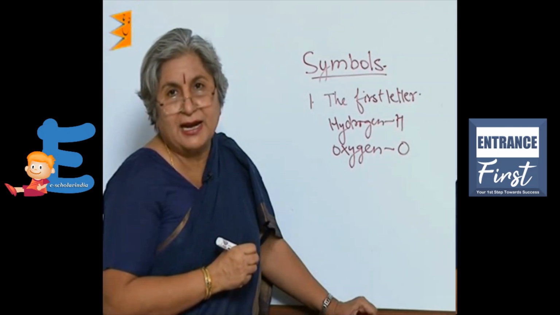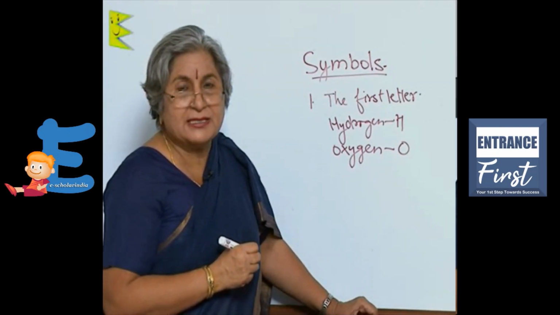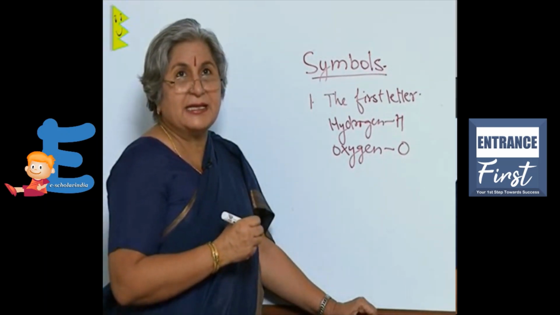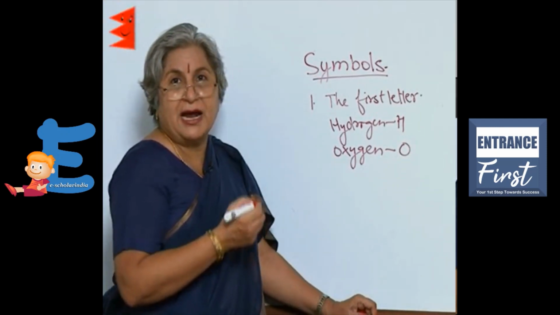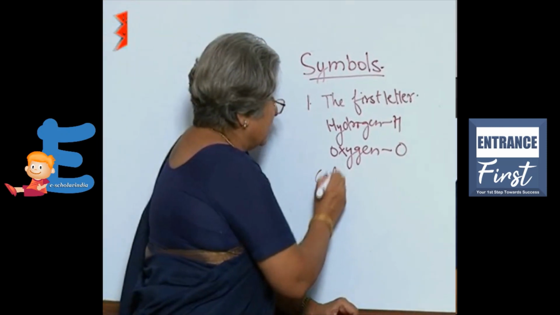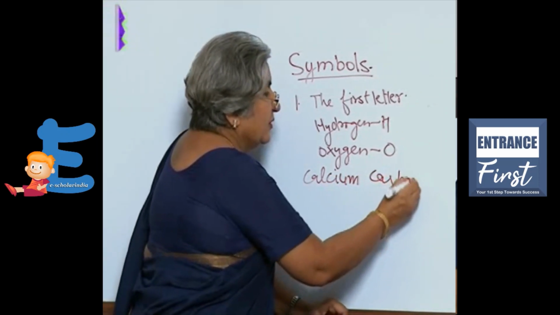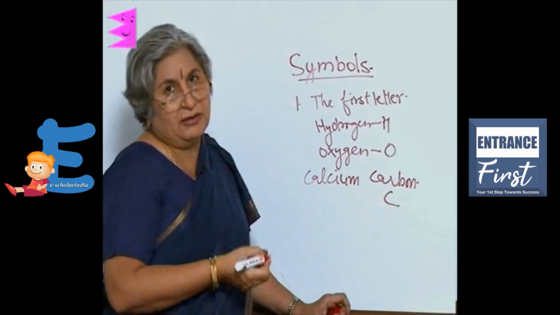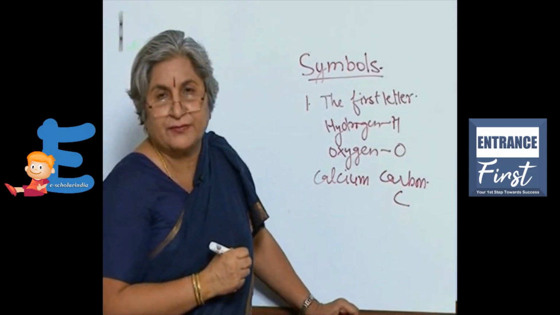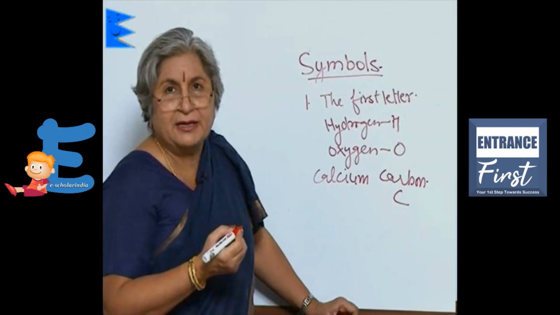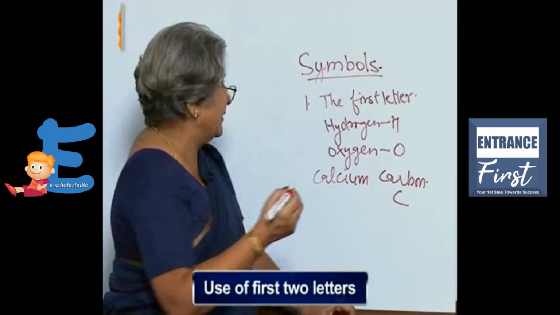Now what to do about that? Let us take the case of calcium and carbon. Both start with C. To carbon they gave C, now they can't give C to calcium also. So they said, okay, never mind, you can use the first two letters.